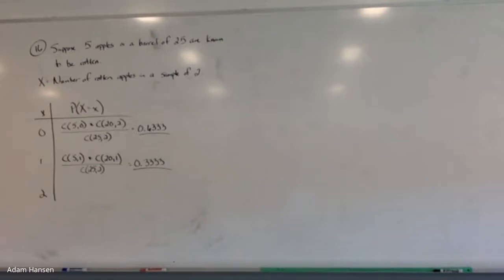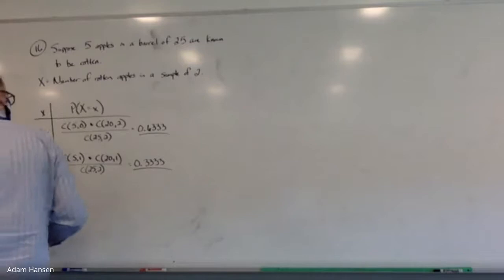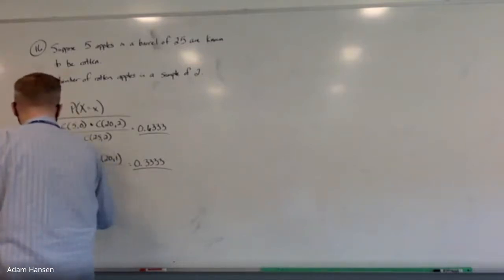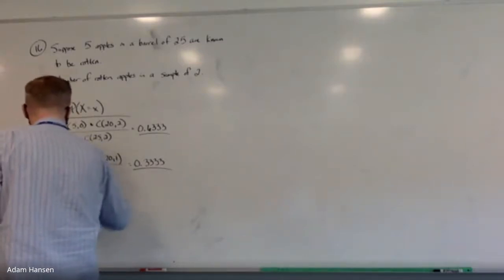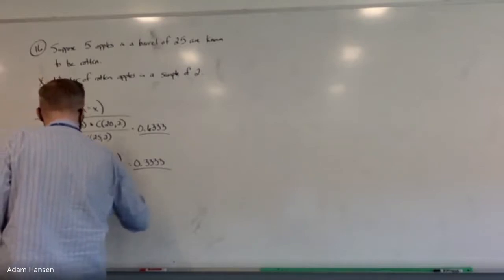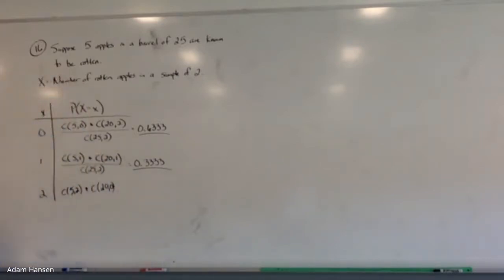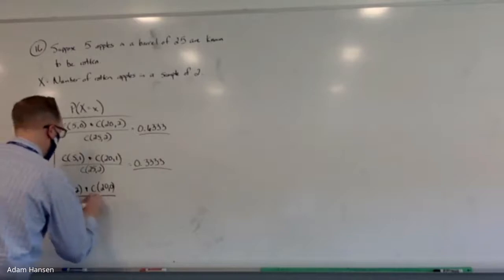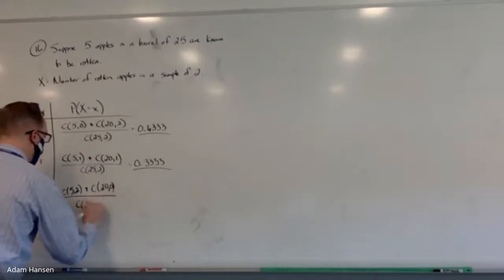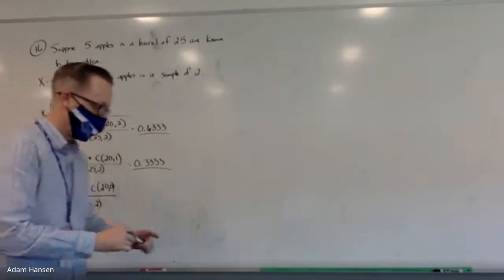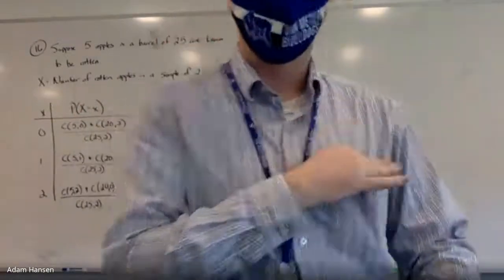On the last one, I need both of the apples to be rotten. So adjust this first combinatoric to what? I choose what? 2. I choose 2. Times 20 choose 0. I need no good apples, so none of the 20 good apples. Out of 25 choose 2, or the total number of 2 apple combinations from the barrel. 0.0001?